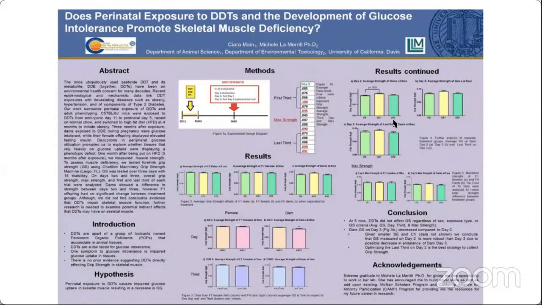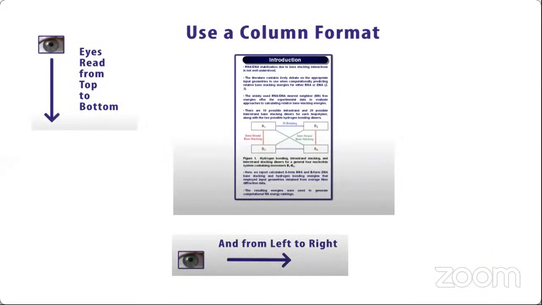So let's start summarizing what we have learned so far from a couple of important posters. Usually eyes read from top to bottom, and for most people eyes read from left to right. So a column format will be extremely helpful, and most of us would have enjoyed some comics in our younger age.